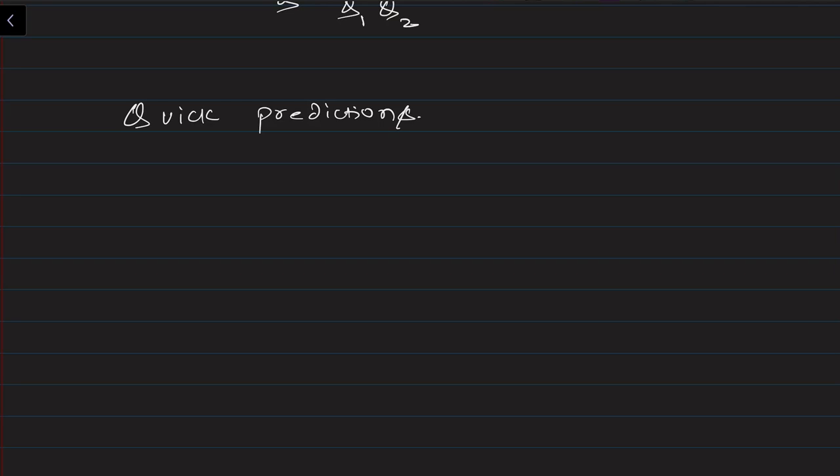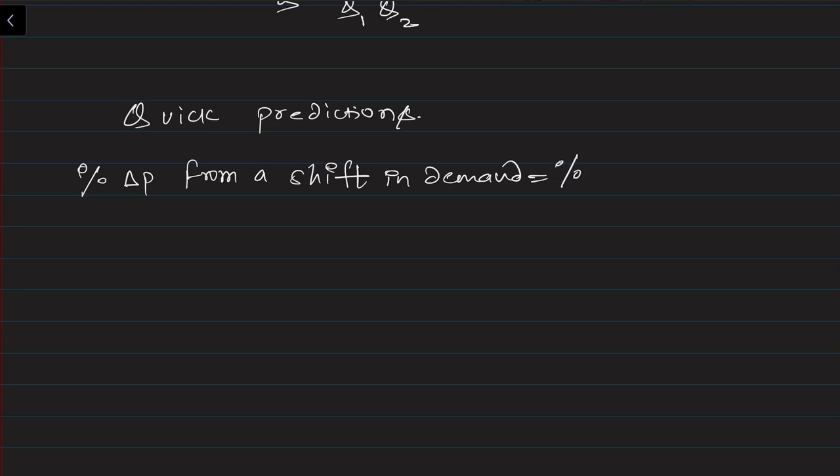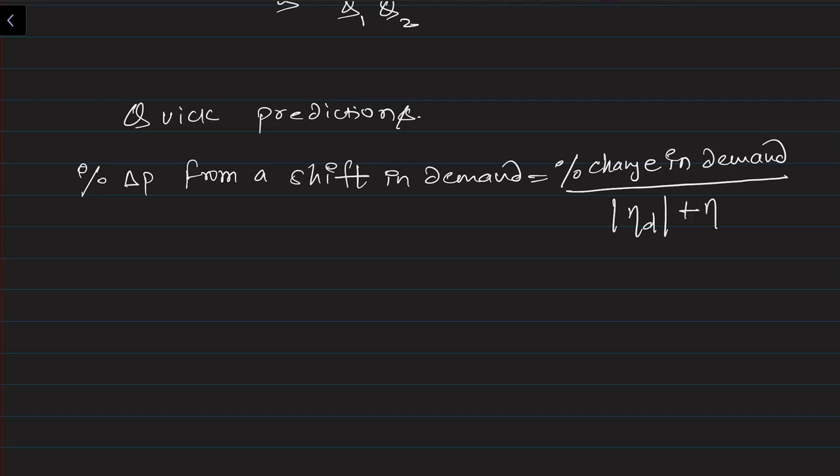Okay, so percentage change in price from a shift in demand is equal to percentage change in demand divided by the absolute elasticity of demand, because we know the elasticity of demand is negative, plus elasticity of supply.